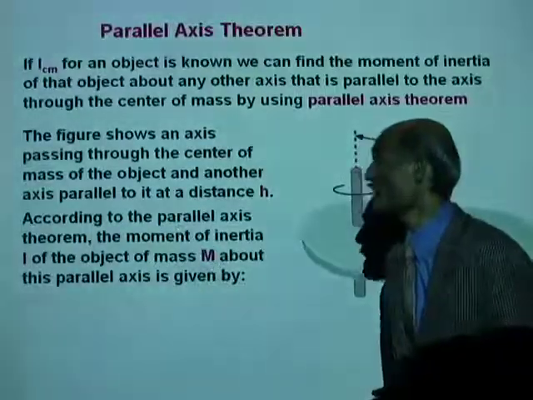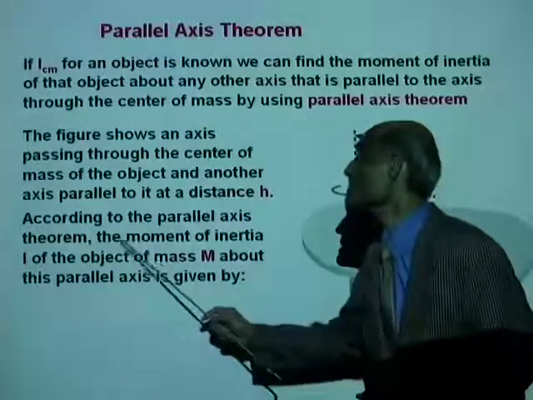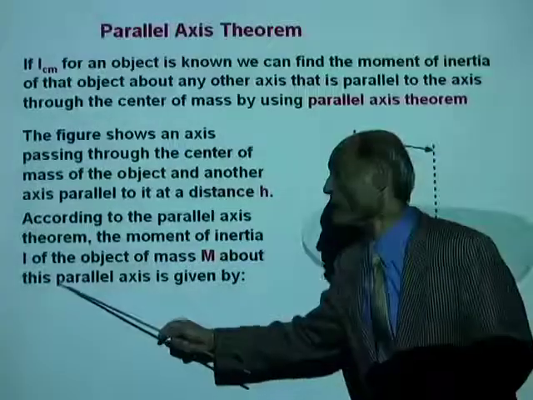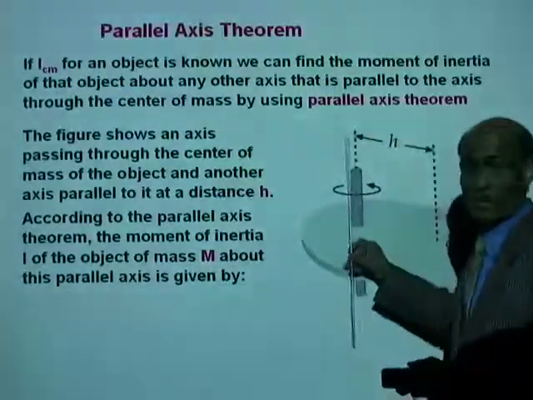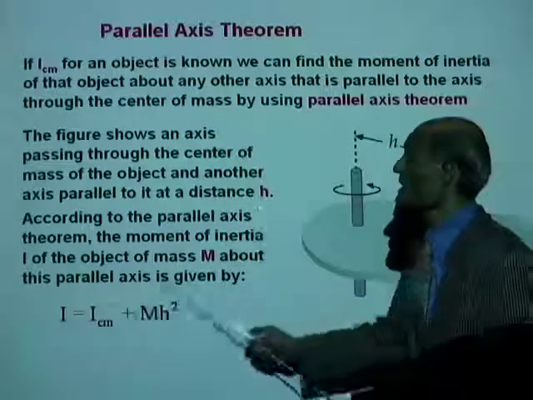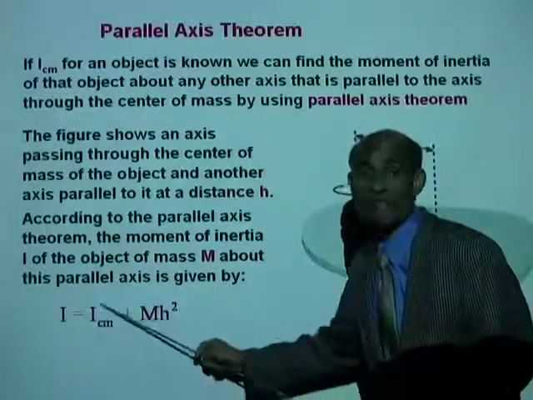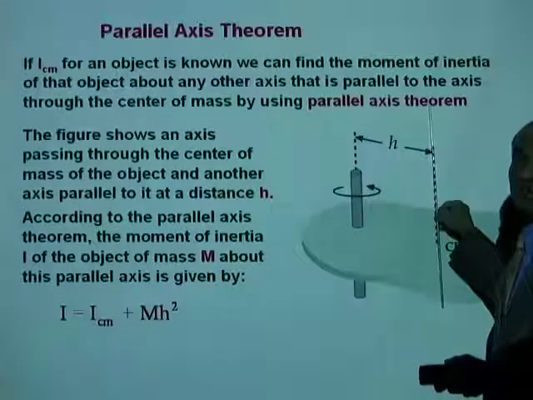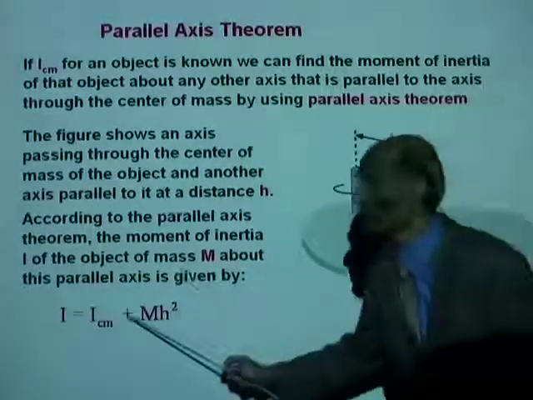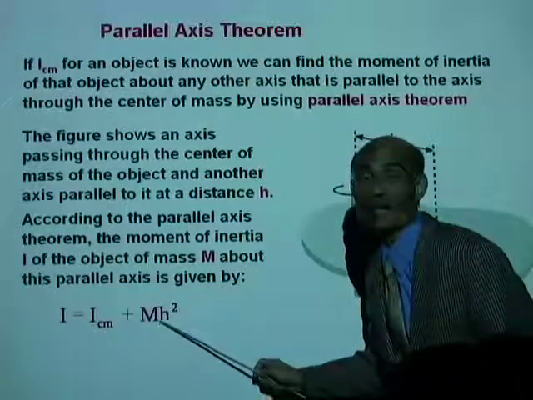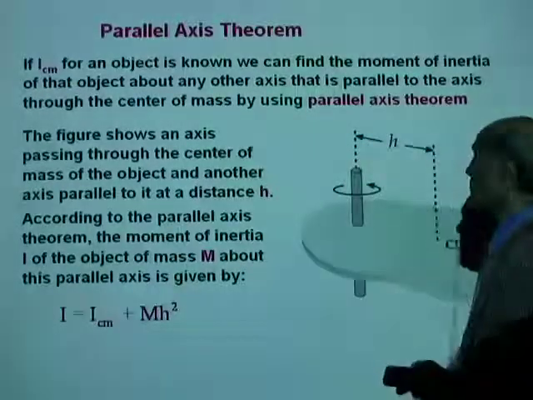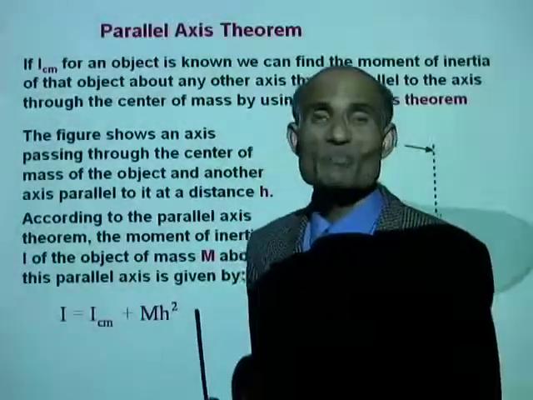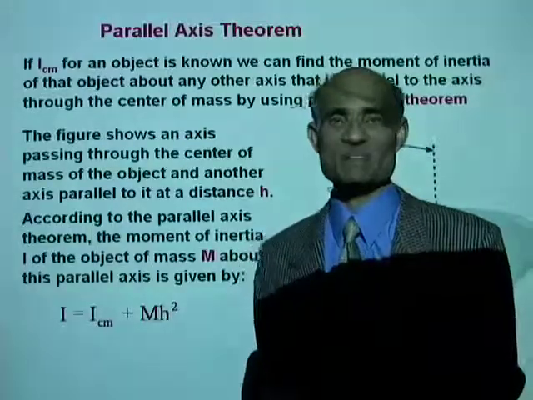According to the parallel axis theorem, the moment of inertia I of the object of mass m about this parallel axis is I equal to I center of mass, that is the moment of inertia about the axis that passes through the center of mass, plus mh squared, where m is the mass of the object and h is the perpendicular distance between the two parallel axes.